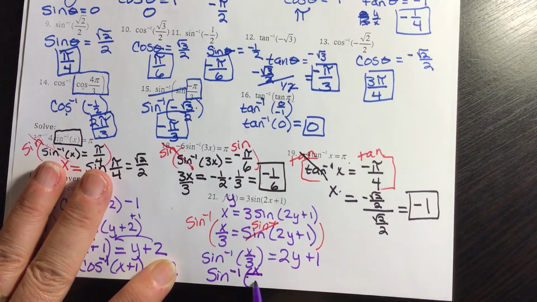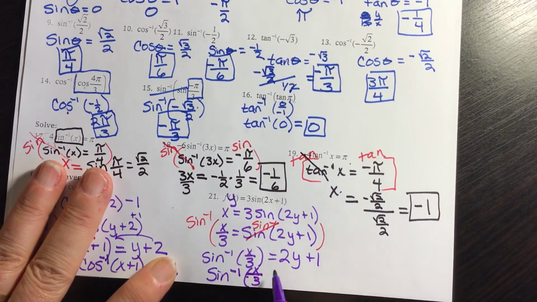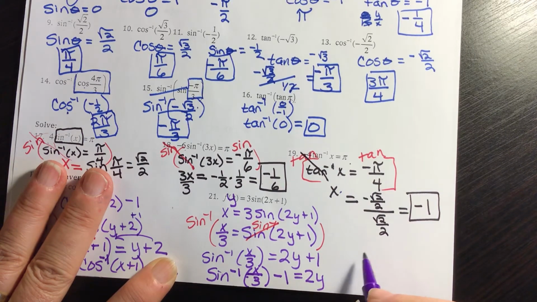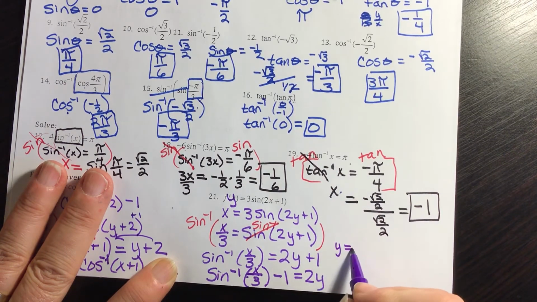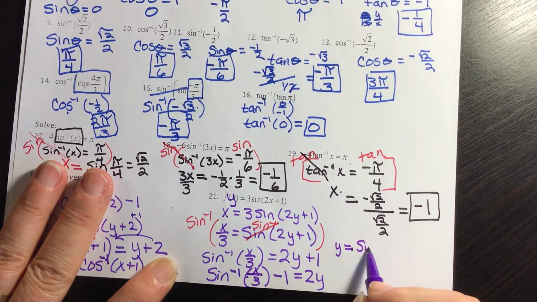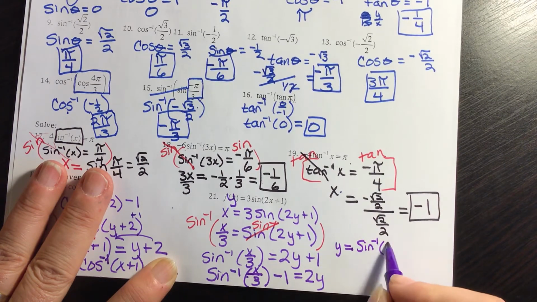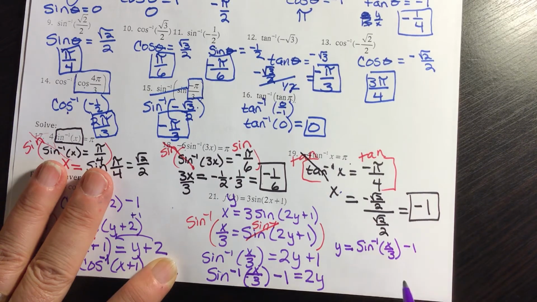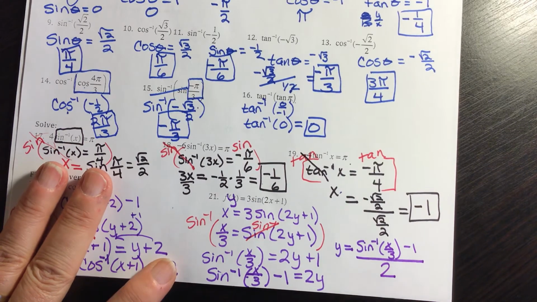So inverse sine of x over 3 minus 1 is 2y. So now I have to divide all of this by 2. So I have y equals inverse sine of x divided by 3 minus 1, all of this divided by 2.